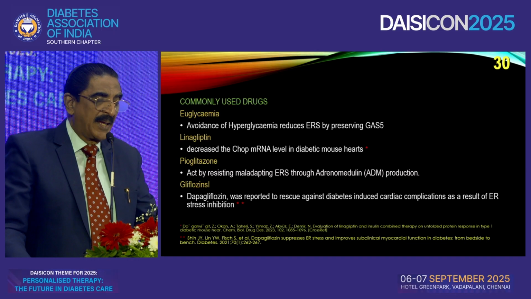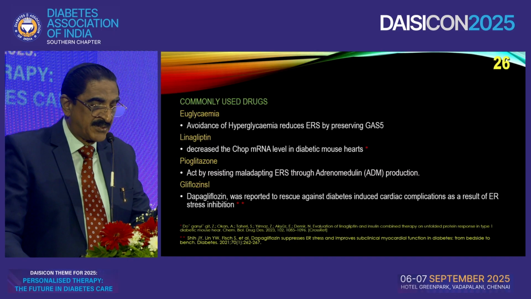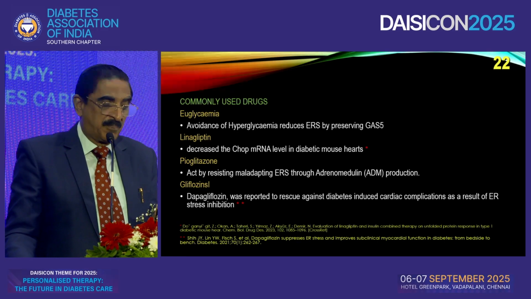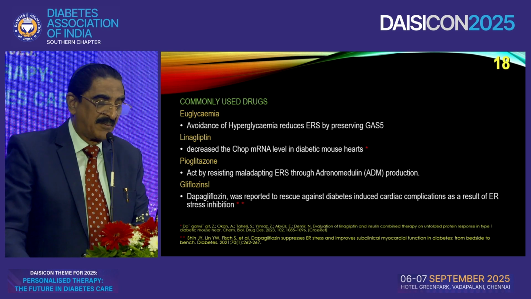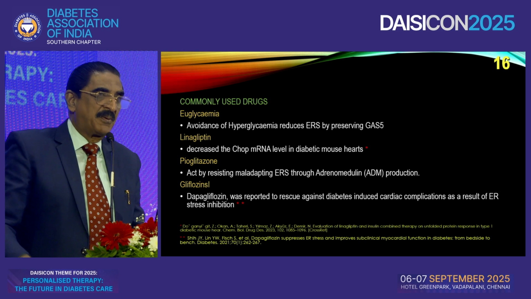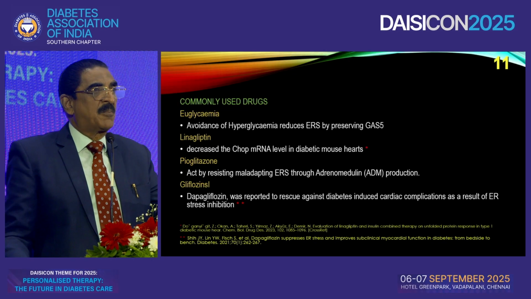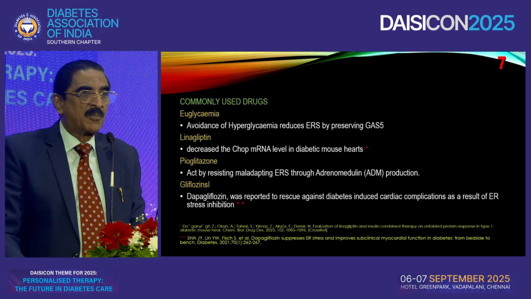And pioglitazone acts by resisting the maladaptive ERS through adrenomedullin, which I have already alluded to. And gliflozins, DAPA, was reported to rescue against diabetes-induced cardiac complications as a result of ER stress inhibition. So very many hypotheses have been given for reducing cardiovascular mortality and morbidity with gliflozins, and probably one of them could be this.